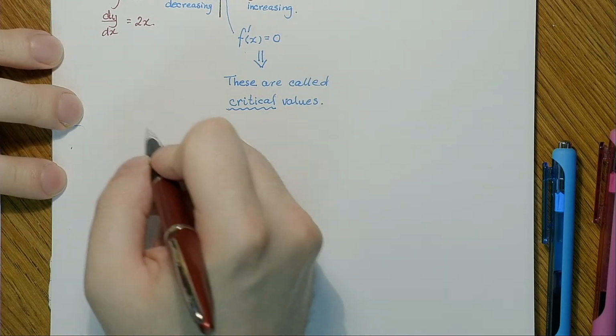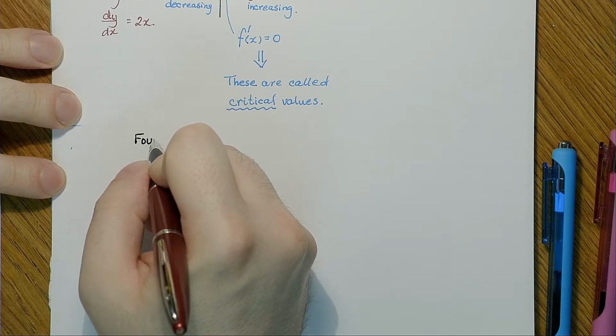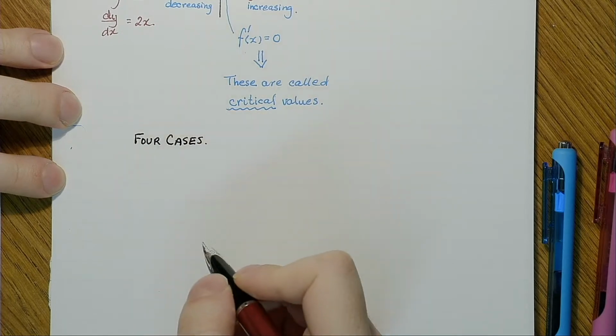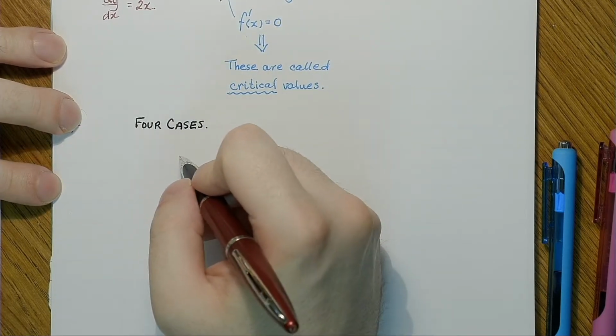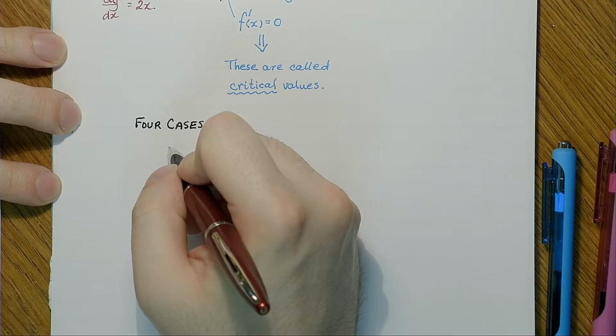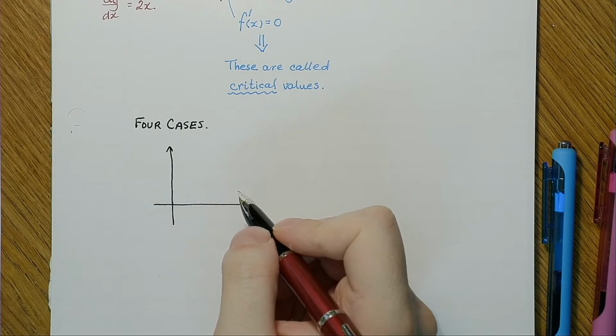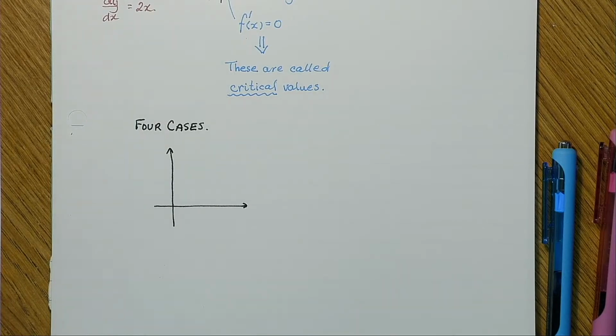Yeah, let's go with the 4 cases. So we have 4 cases. So maybe I'll draw, this is some freehand, not free bird, it's freehand.